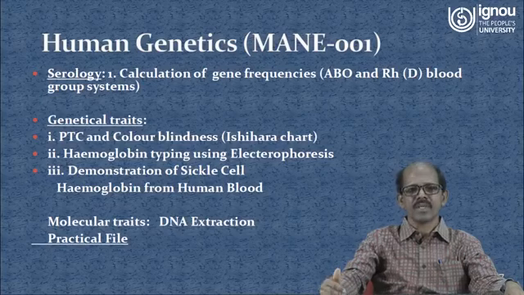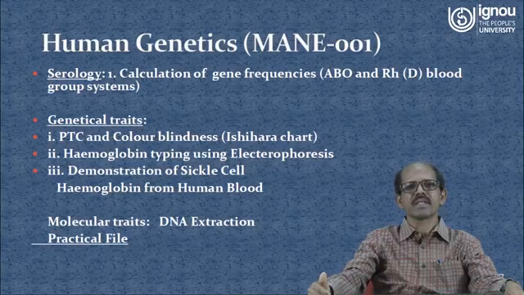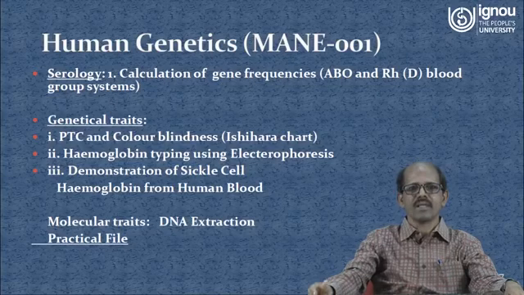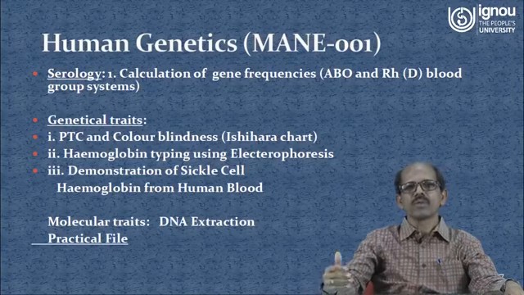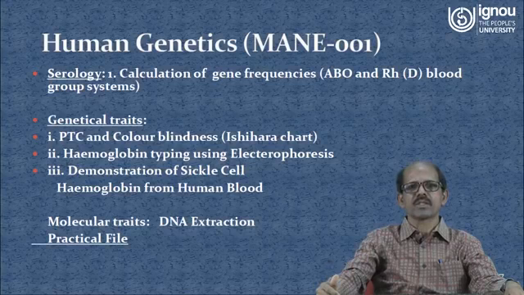Some people can taste it and some people do not have any taste. The other one is color blindness. In color blindness, some people cannot see a few colors like red and green. With the help of Ishihara charts, anthropologists can distinguish whether a person can distinguish all the colors or not.